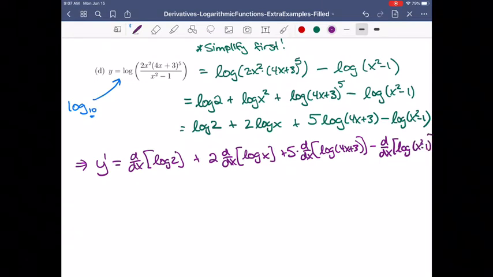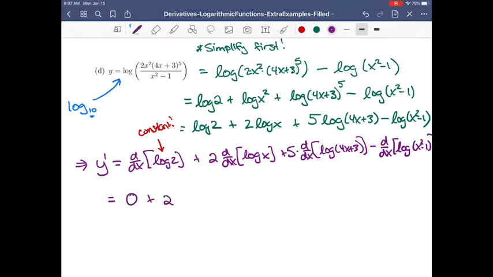Okay? Now, log 2, this is a constant, okay? It's just a number, right? So you could compute that on your calculator, in fact. Okay, so that derivative is going to be 0.